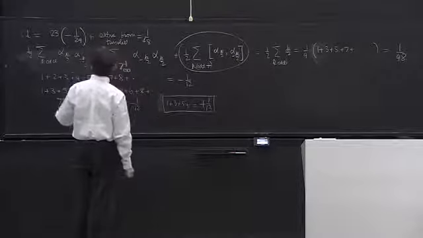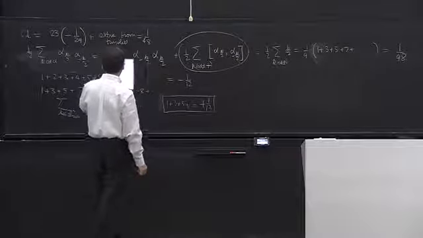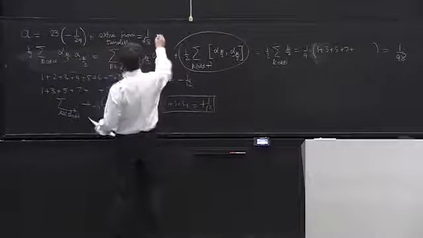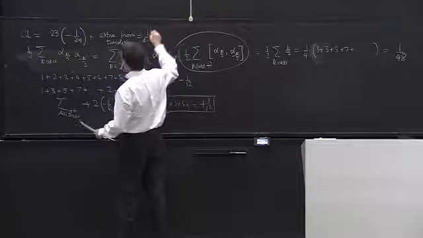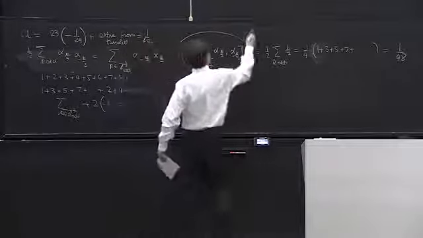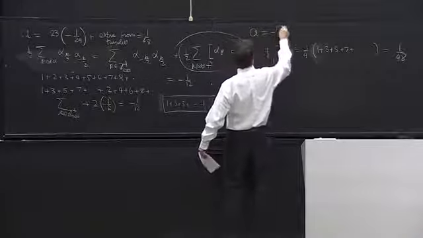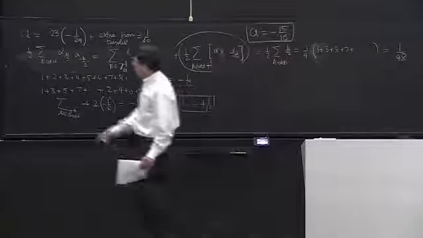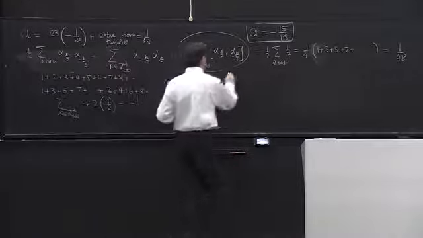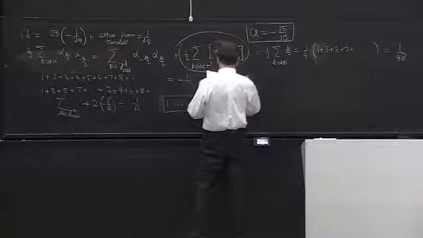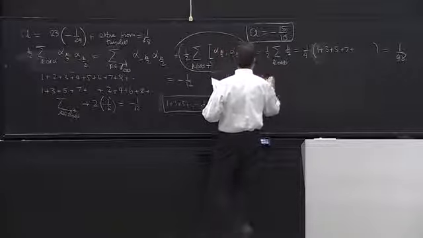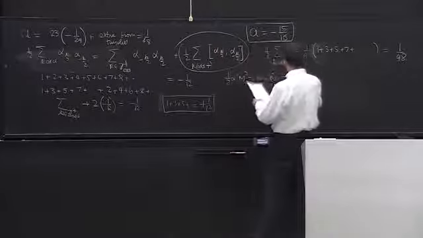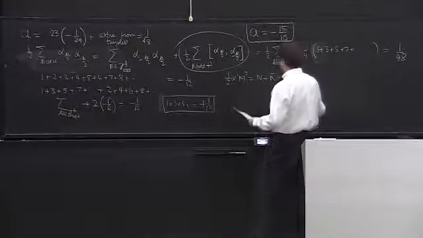And this result gives you minus 15/16, the total A, or minus 15/16. So the mass squared formula is 1/2 alpha prime m squared equals N plus N perp minus 15/8, 2A in there.